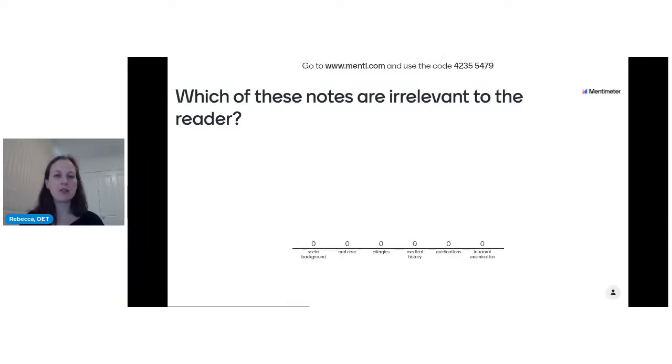So you can see on the screen in the poll, I've given you the headings to choose from. You can choose more than one of those. Do you think any of those headings from the notes are irrelevant to the reader? Vote in the poll, or you can let me know in the chat if you think any of those note headings are irrelevant to the reader.